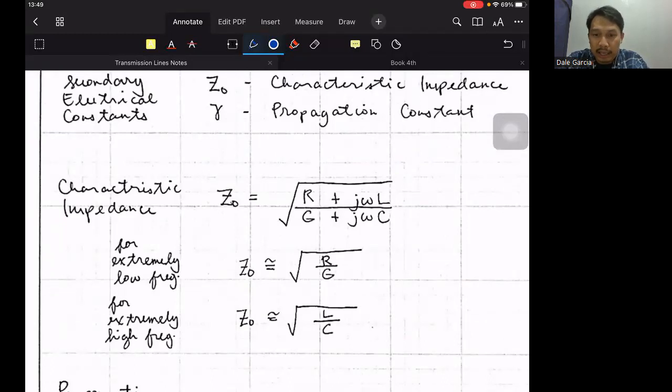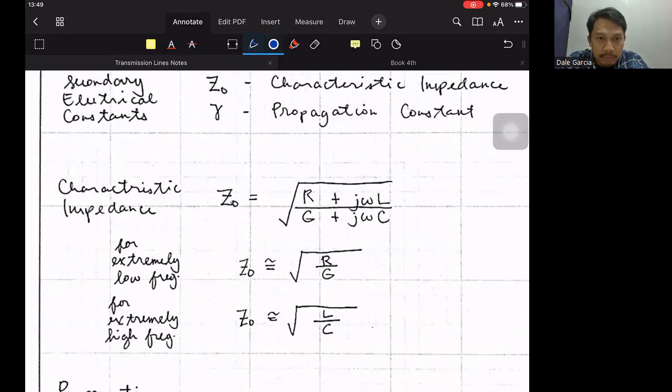And it does not depend on the length of the transmission line. For example, for coaxial cable, any length, whether short or long, has a constant characteristic impedance value, such as 50 or 75 or 100.